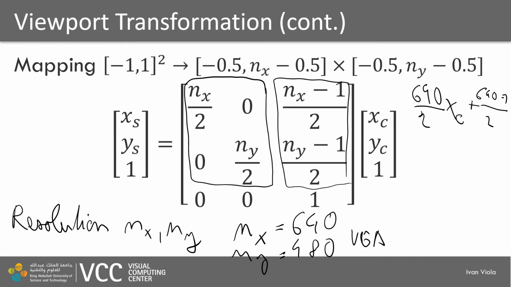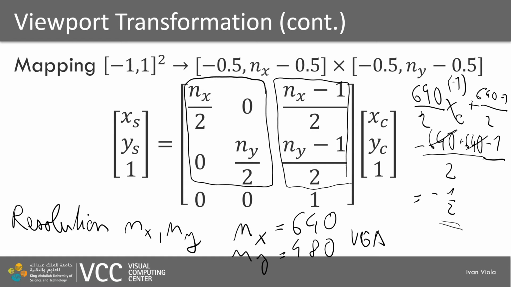And the xc is now, we put -1 there so that we have some particular value to deal with. So let's put this under one fraction. We have 2 here, and we have here minus 640 plus 640 minus 1. And this is 640 minus 640, 0. So we have -1/2.